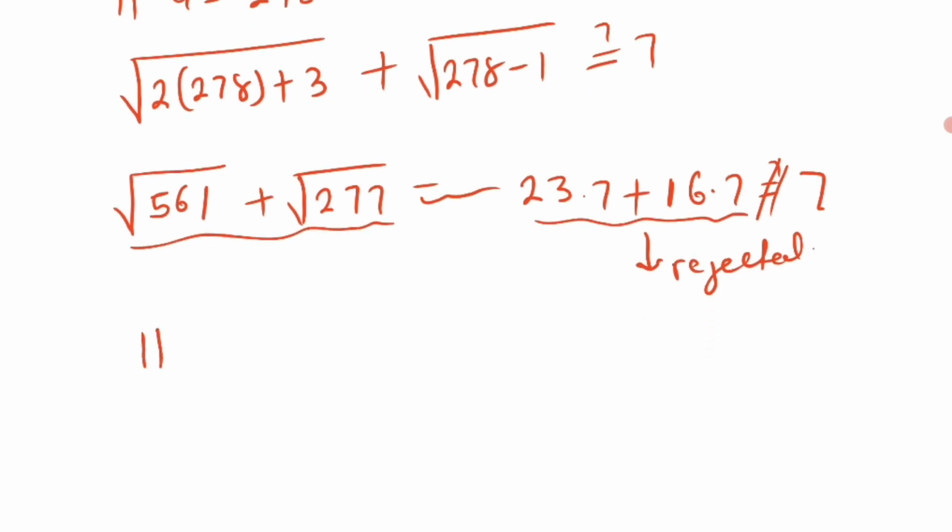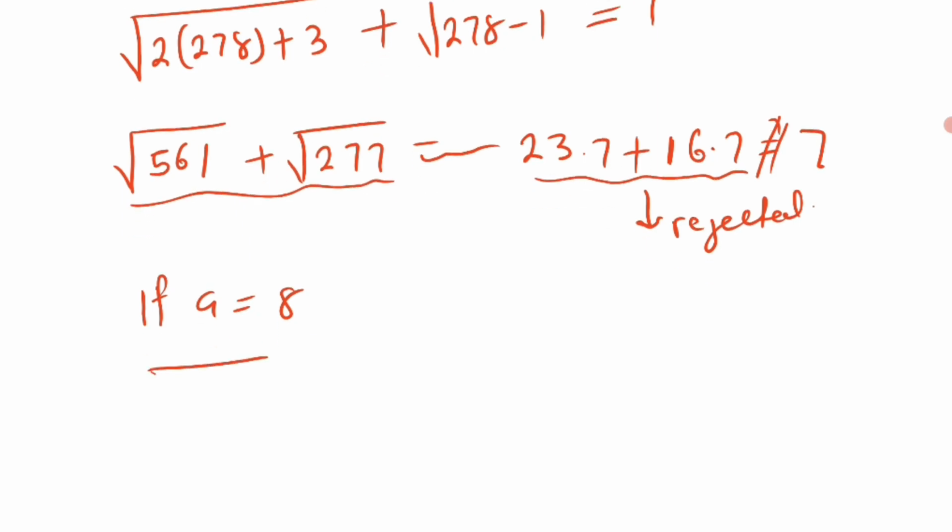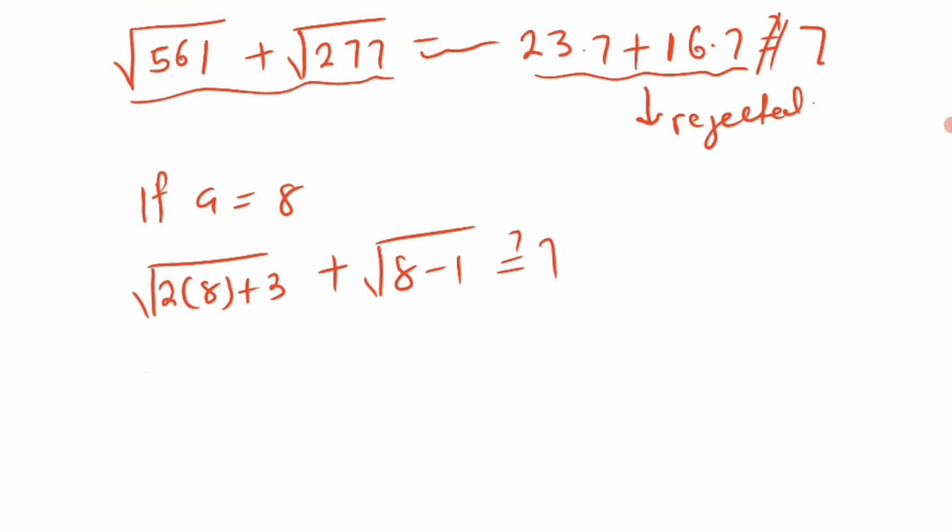Now if a is equal to 8, we have square root of 2 bracket 8 plus 3 plus square root of 8 minus 1 must be equal to 7. Now this is square root of 2 times 8, that is 16, plus 3, that is 19, then plus square root of 8 minus 1, that is 7, must be equal to 7.